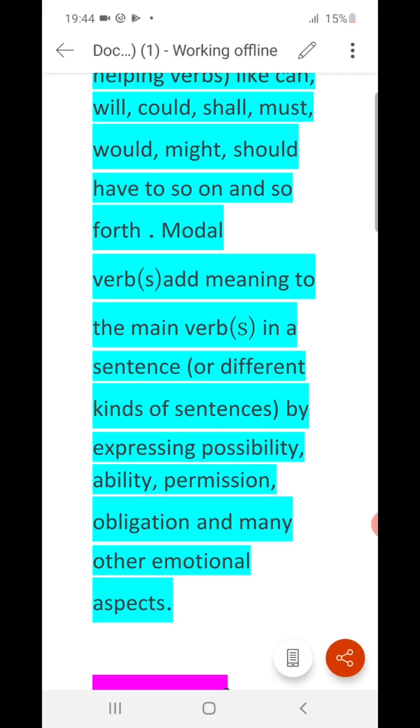So, that kind of state. And many other emotional aspects or many other emotional conditions that a person can have.